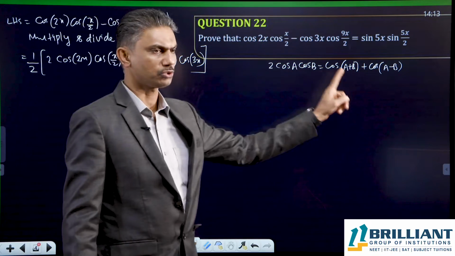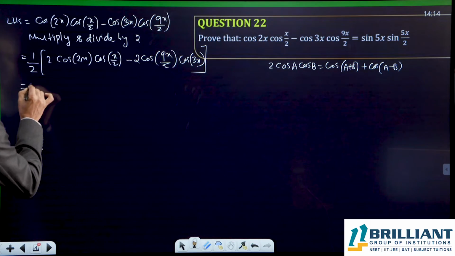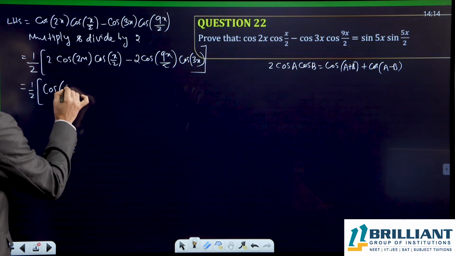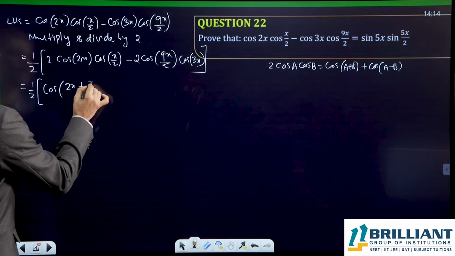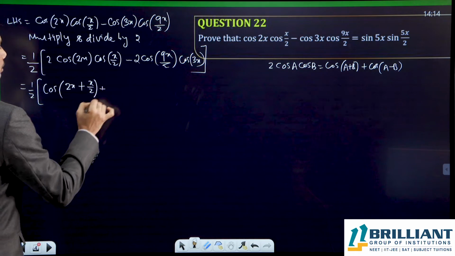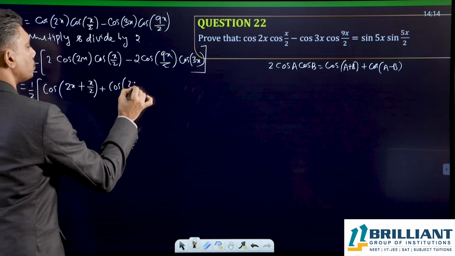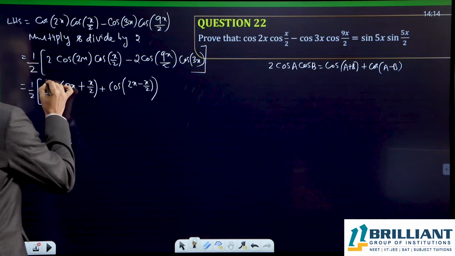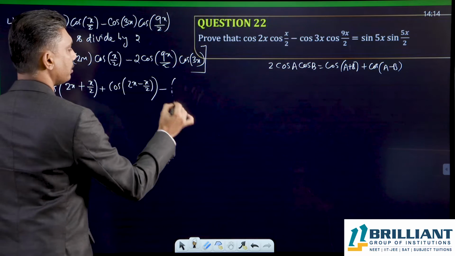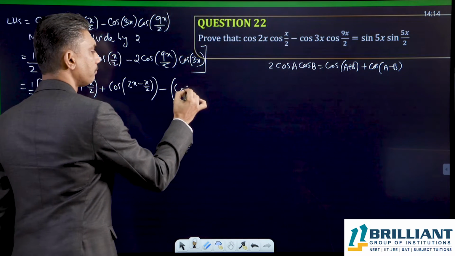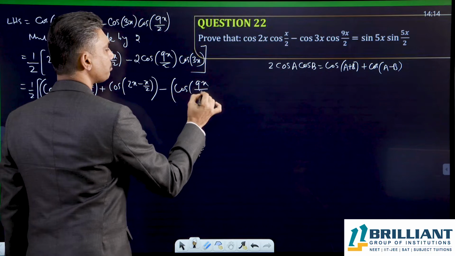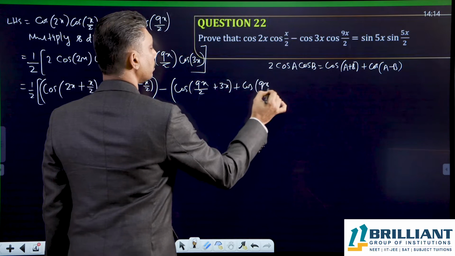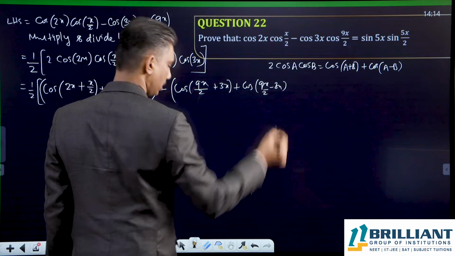Apply the formula 2 cos A cos B, cos of A plus B. So, this will be equal to half into cos of 2x plus x by 2 plus cos of 2x minus x by 2, minus, again 2 cos A cos B, cos of 9x by 2 plus 3x plus cos of 9x by 2 minus 3x.